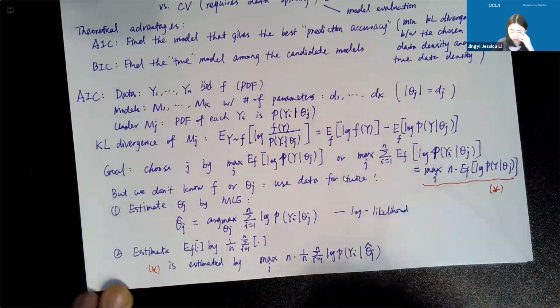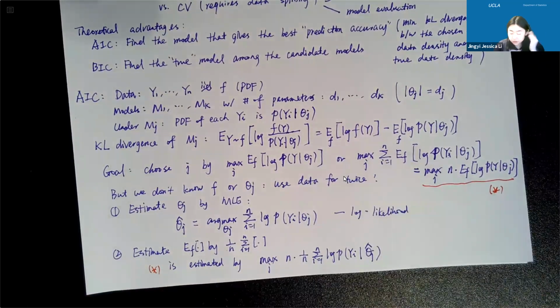That's it. So you see here, we use the same data y1 to yn twice. One is for estimating the parameter to obtain the MLE. Second is to evaluate this average as an estimation of the expectation. Clearly, using the data twice will introduce some bias, and that is the thing we want to correct for.